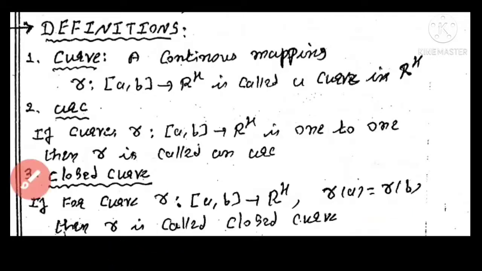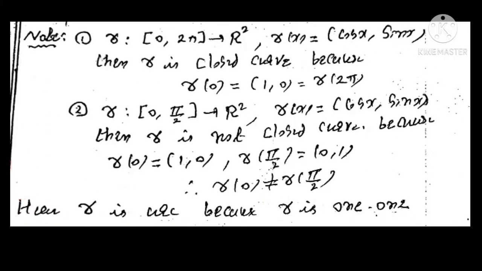Now note, this is from the closed interval 0 to 2 pi to R2. This is equal to cos x, sin x.